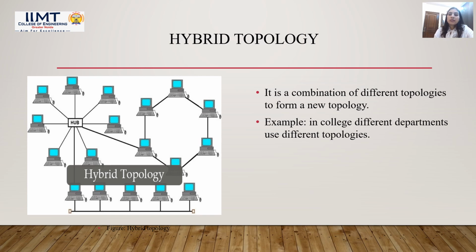Or we can say a hybrid topology is a connection between different links and nodes to transfer data or any information in the network. For example, different departments in a college. Different departments use different topologies as per their requirement or need. This is a perfect example of hybrid.